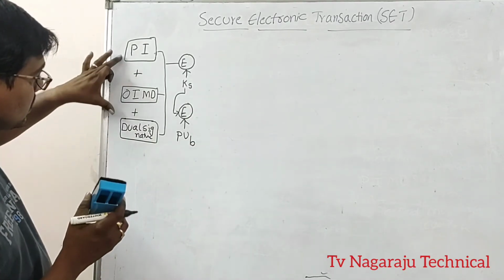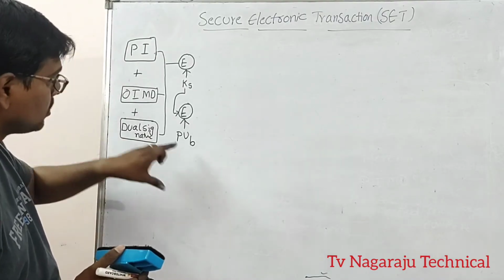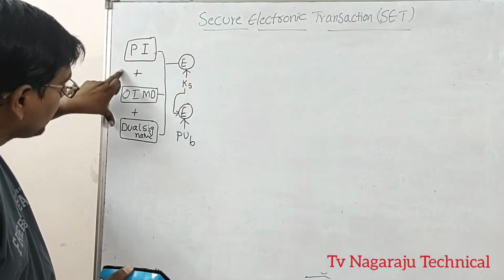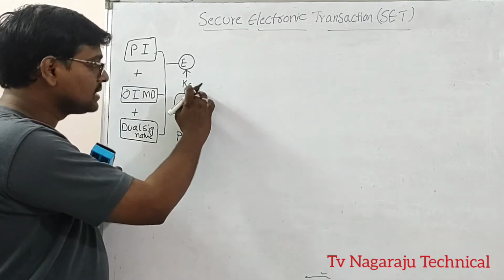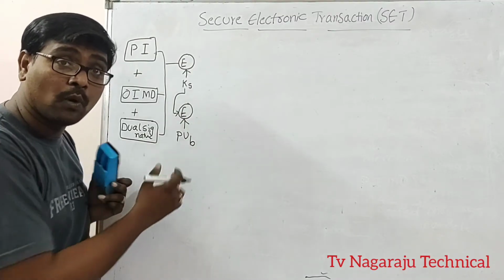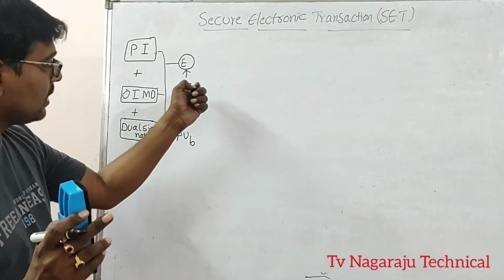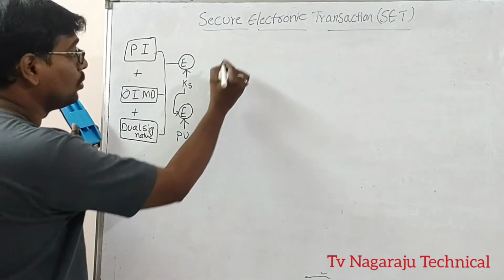Yes or no? This is the information received by the bank, not the merchant. So, encrypt this entire information by using the secret key. Now again the secret key is encrypted by using the public key of the bank. Why? So that only the bank can decrypt it. Okay.